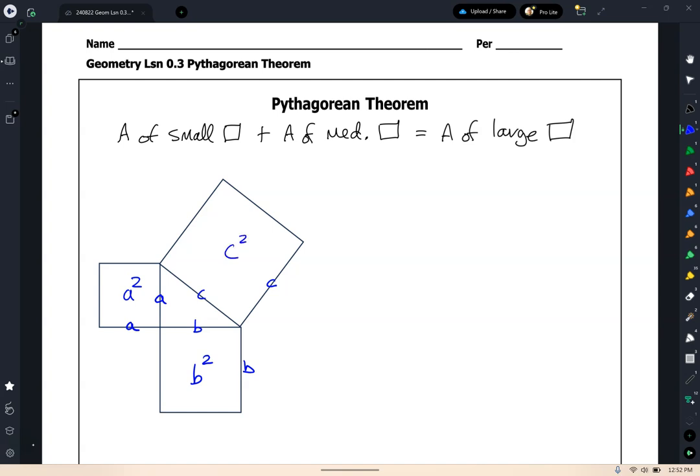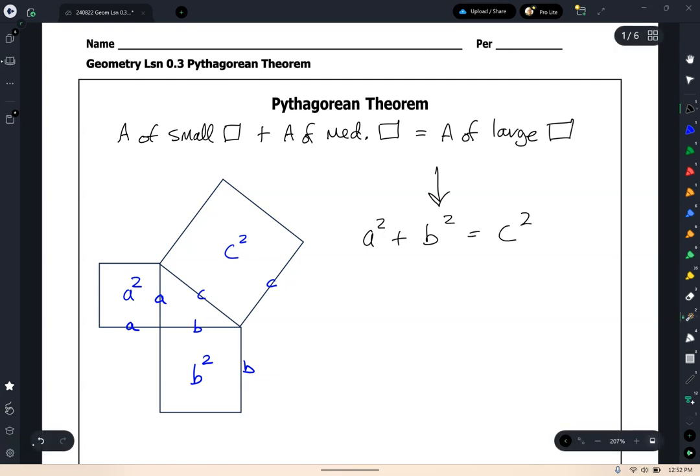And so what we see happen here is the abbreviation that comes out, where we say that the area of the small square plus the area of the medium square is equal to the area of the large square. And the reason why I go back and teach this way is because it's really important that you distinguish the difference between a squared and a.